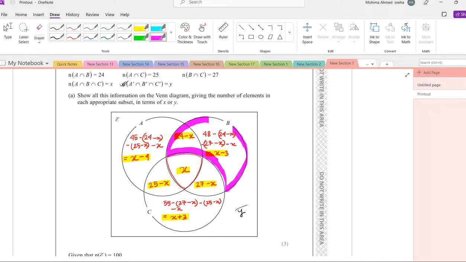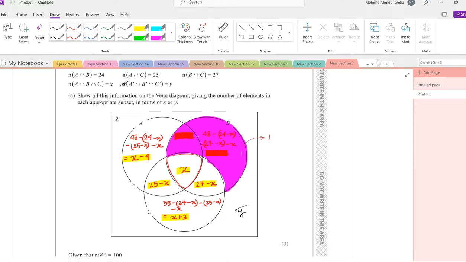This portion here indicates B intersect C prime.